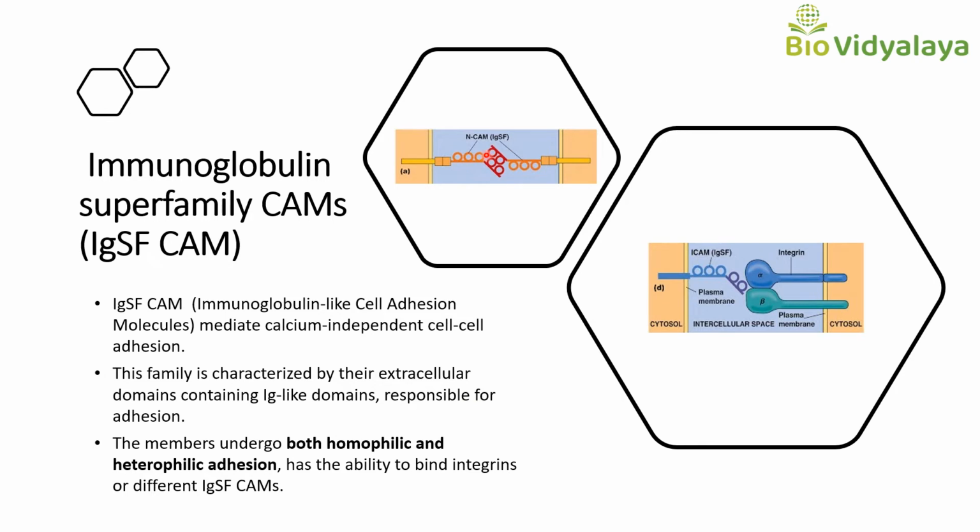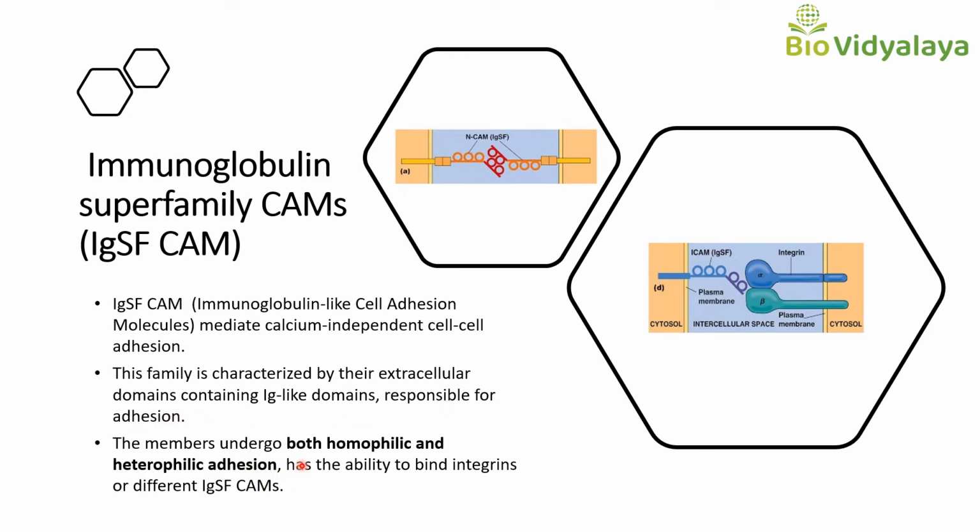And here also you can see this is NCAM, and here you can see the immunoglobulin-like domain, and this is the fibronectin type 3 domain. This immunoglobulin-like domain interacts with another CAM. So this family is characterized by extracellular domains containing Ig-like domains responsible for adhesion.